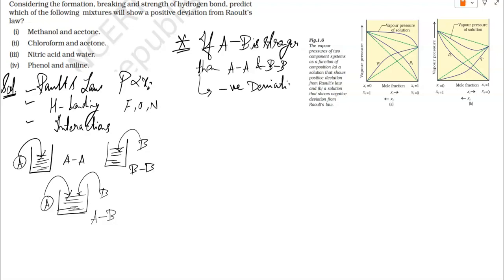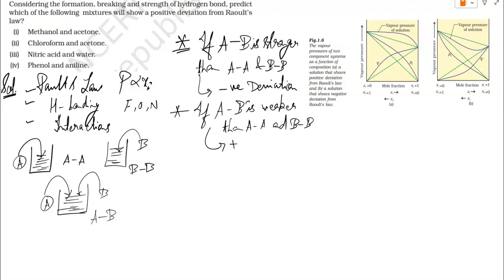But if the AB interaction is weaker than AA and BB, then there will be the positive deviation from Raoult's law.